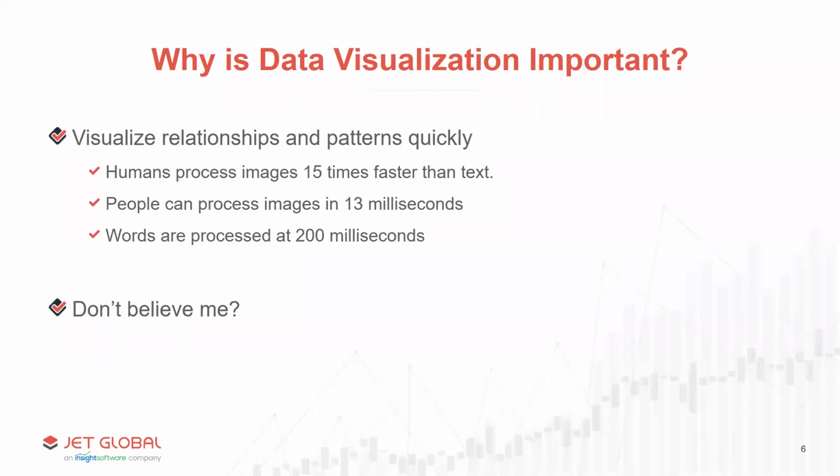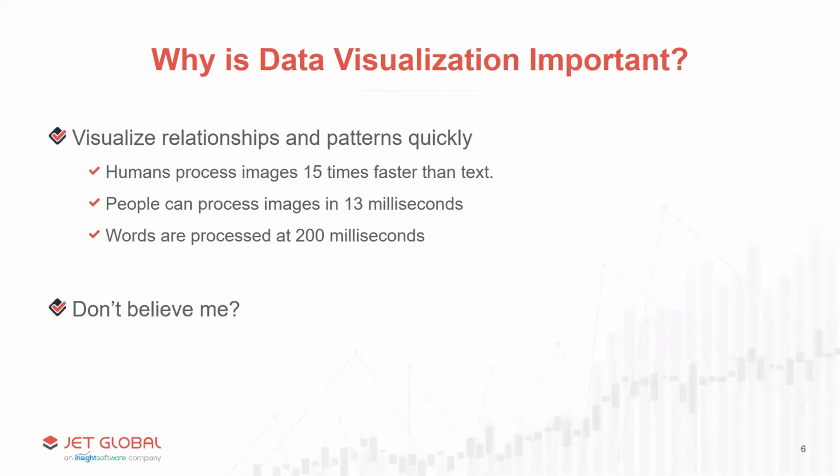A lot of folks have seen that humans are hardwired to process images very quickly. The common statistic is that humans can process images 60,000 times faster than they can text. I did a little research into this. That isn't actually the case. The fastest I could find would be about 15 times faster than text.